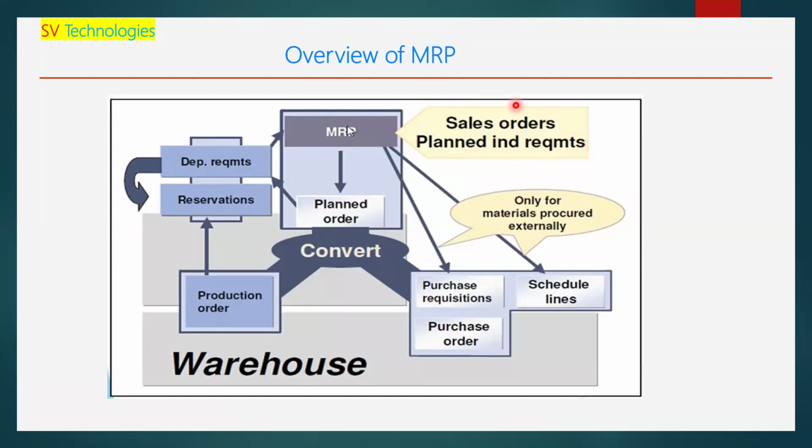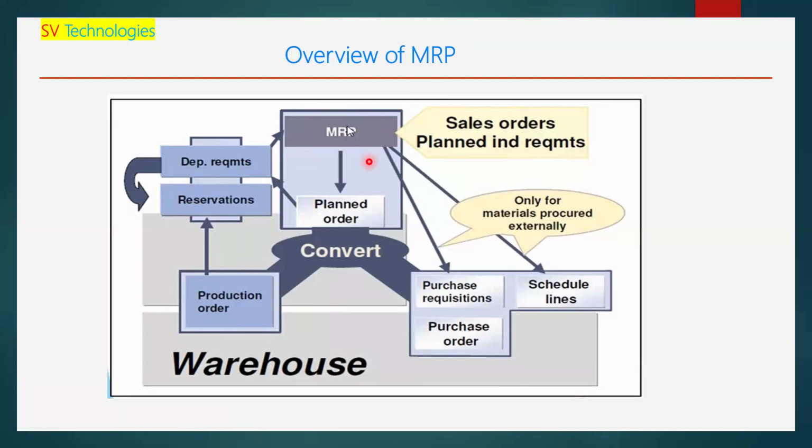It could be planned independent requirements, sales orders, or a combination of both. This is the input to run MRP. With reference to that final production planning, the system will run MRP.